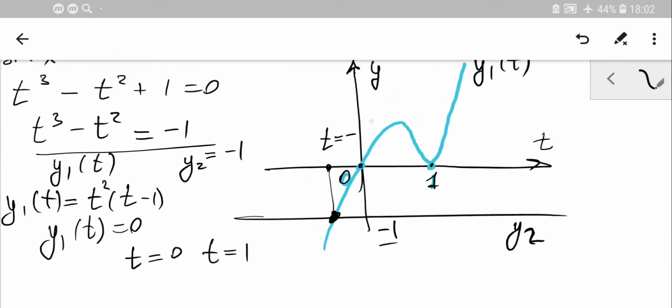So the t that gives t cubed minus t squared equals negative 1 is t equal to negative 0.755.